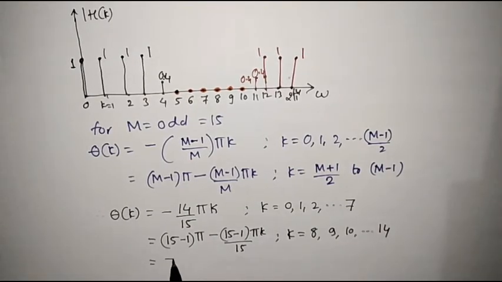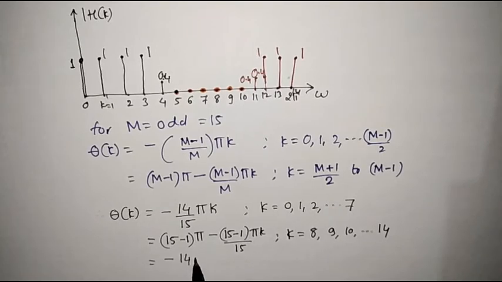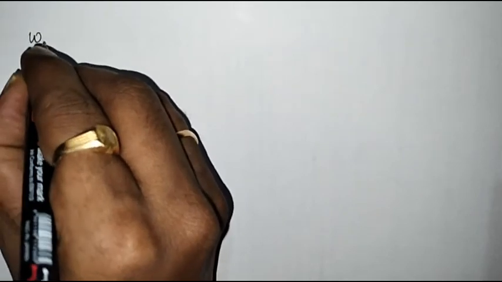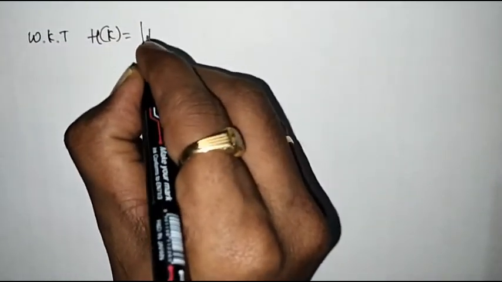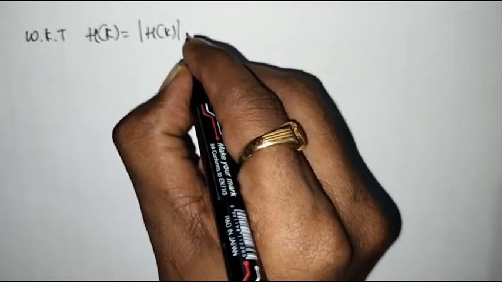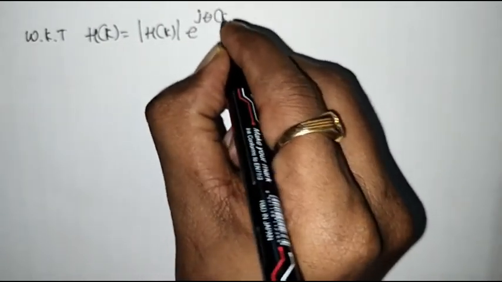Simplifying this, we get minus 14 pi by 15 k. We know that H of k is equal to magnitude of H of k times e raised to j theta of k.